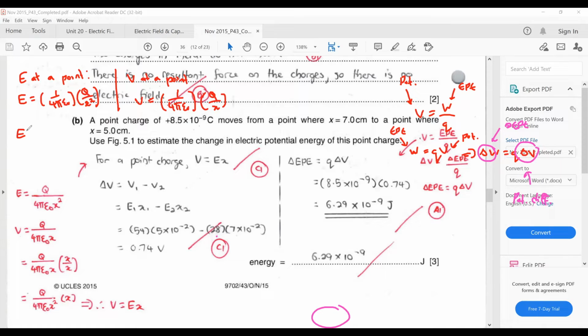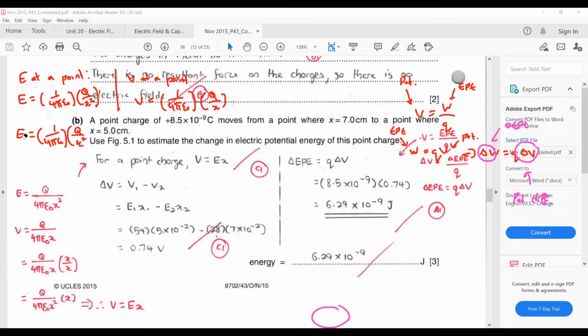Now this one here, if I modify a little, E is 1 over 4 pi epsilon naught Q over x squared. Oh yeah, sorry, maybe I don't modify from here.